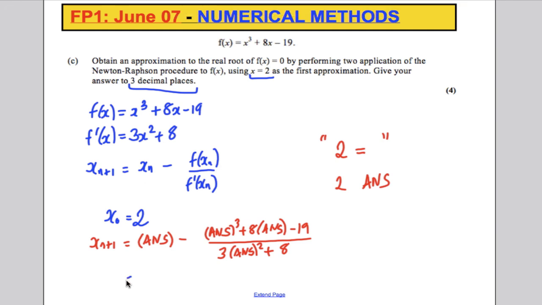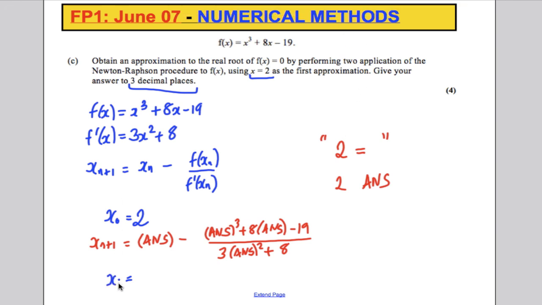We're going to first of all type 2 equals, that stores it as ans. Then we're going to type ans, subtract, and then the fraction function, ans cubed plus 8 ans with brackets, subtract 19, over 3 ans squared plus 8. And the beauty of doing it this way is if we press equals, we get 1.75 as our x1.